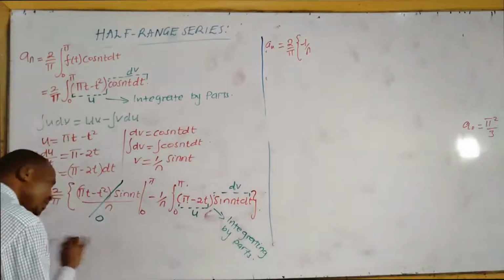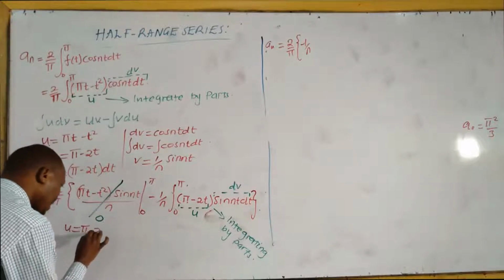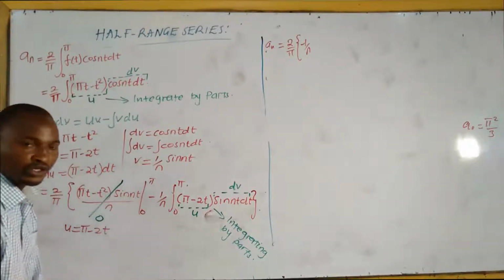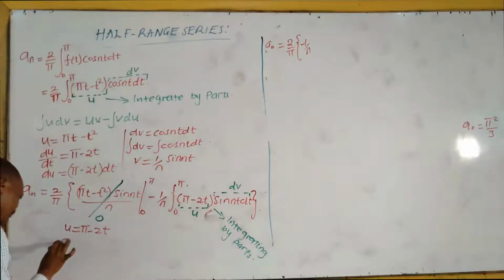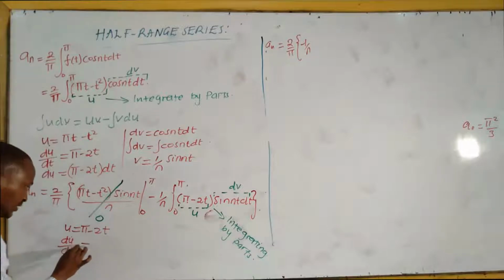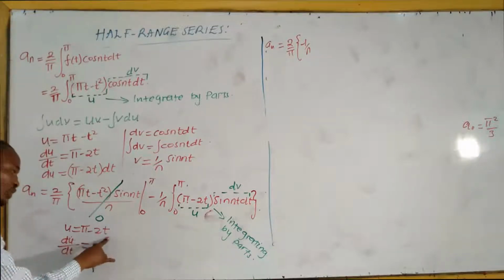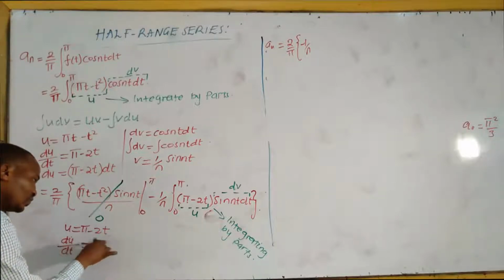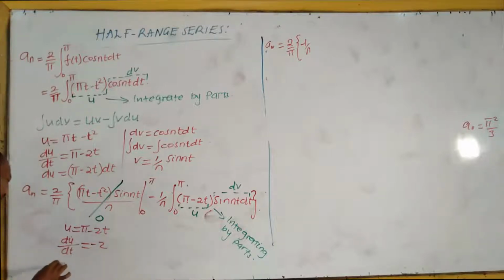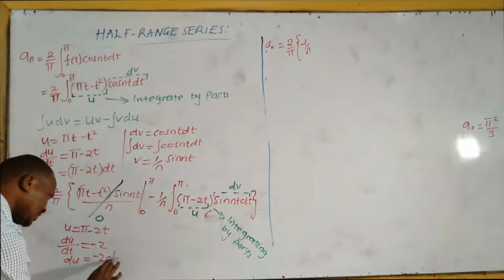We have u is equal to pi minus 2t. We always leave du, differentiate both sides. The derivative of u with respect to t: differentiating pi gives 0 because it's a constant, and differentiating negative 2t gives negative 2. So du is equal to negative 2 dt.